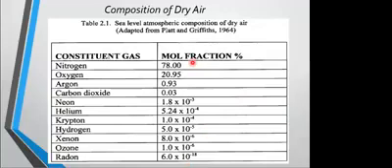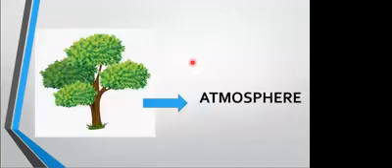If we relate this to plants, they basically release oxygen, and this oxygen is just a waste product of the plants which they release, and it will eventually contribute to the existing gases in the atmosphere.